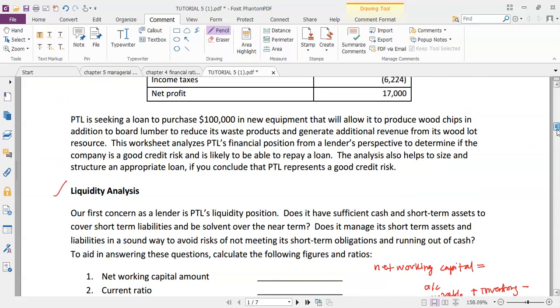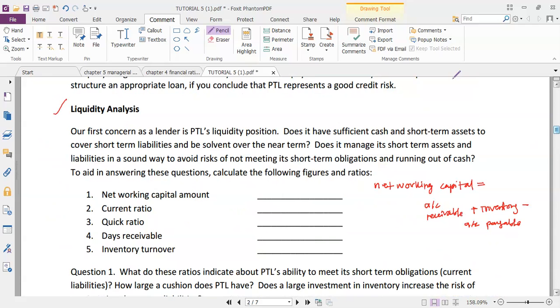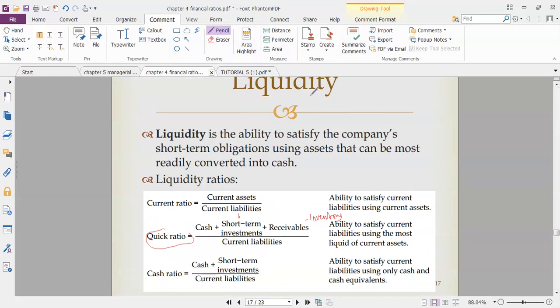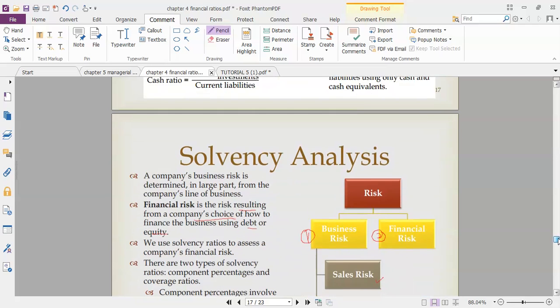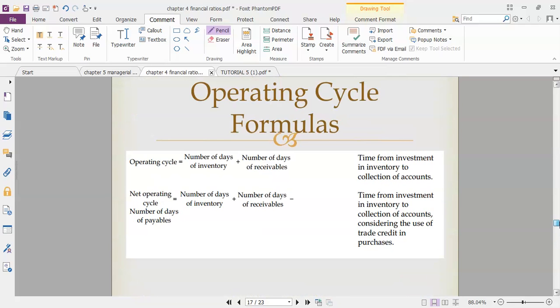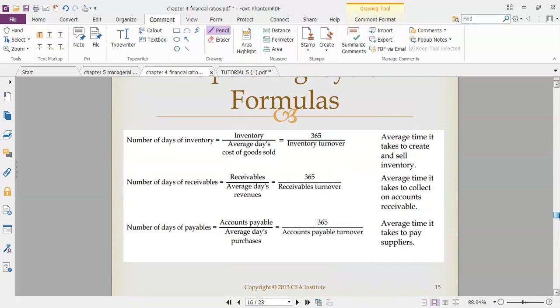Okay, next, let's calculate the day receivable. Day receivable is here, the number of days of receivable.